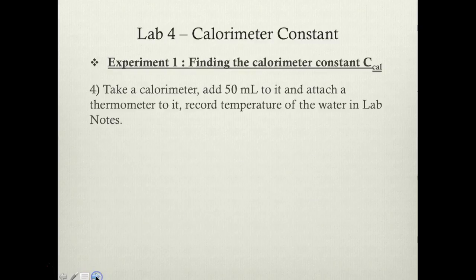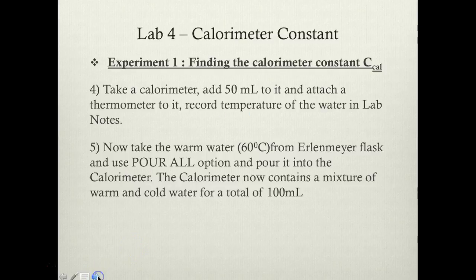Meanwhile, you're going to take a calorimeter, add 50 mL of room temperature water to it, attach a thermometer, and record the temperature. The temperature should be around 21 or 22 degrees centigrade, which is the normal room temperature. Now take that slightly warm 60 degrees centigrade water from the flask, use the pour all option, and pour it into the calorimeter.